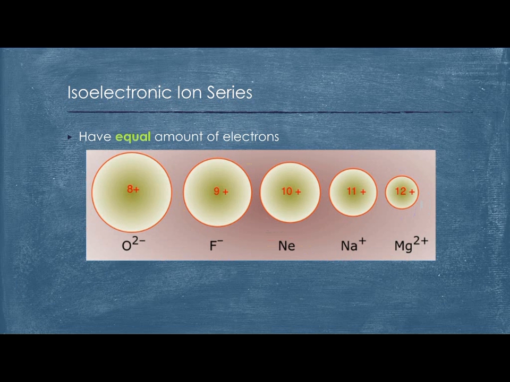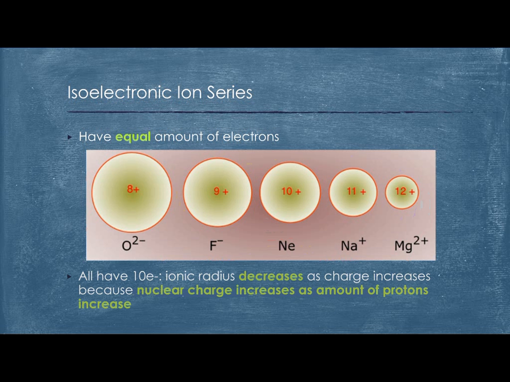All right, so in our reading, there's something about isoelectronic ion series, and it's important to understanding ionic radius. Isoelectronic ions are ions that have the same number of electrons. Examples are the oxygen ion, fluorine, neon, sodium, and magnesium ions, and these all have 10 electrons, but the oxygen ion is bigger than the magnesium ion because the ionic radius decreases as charge increases.